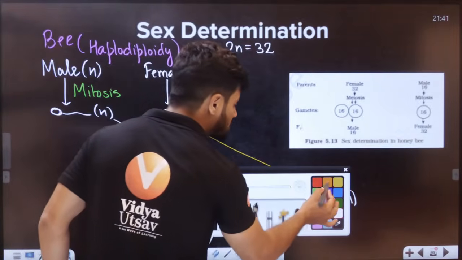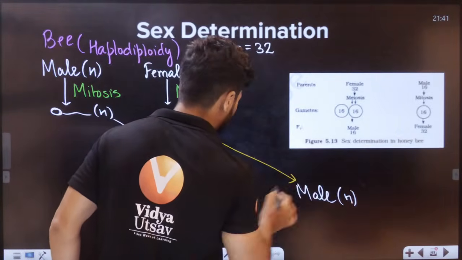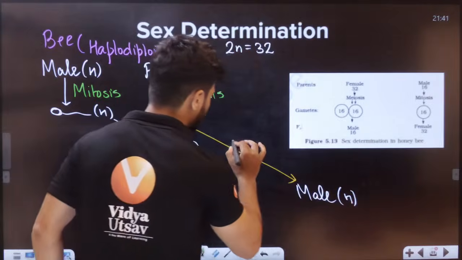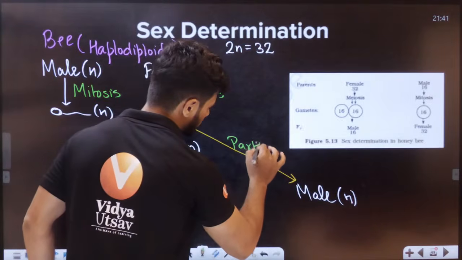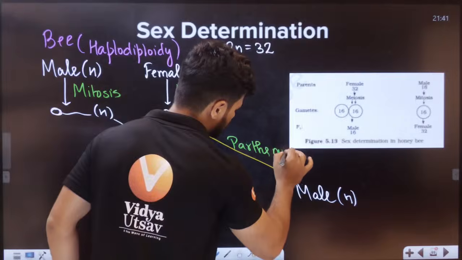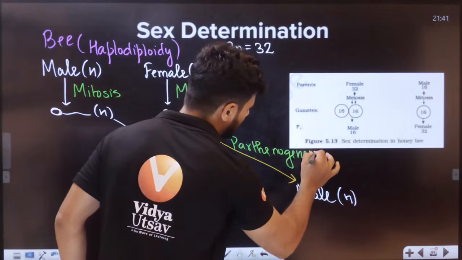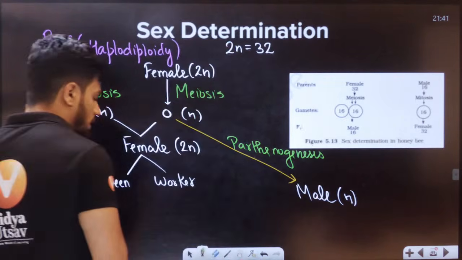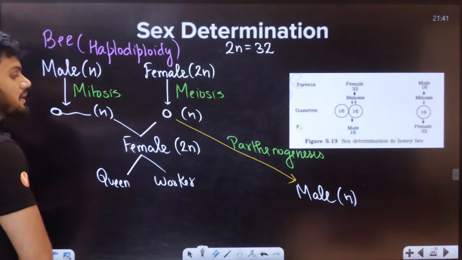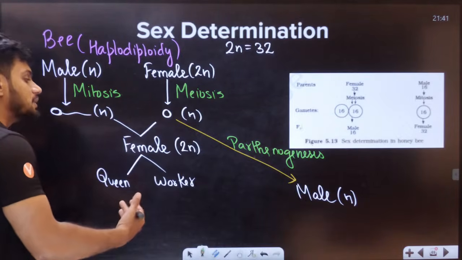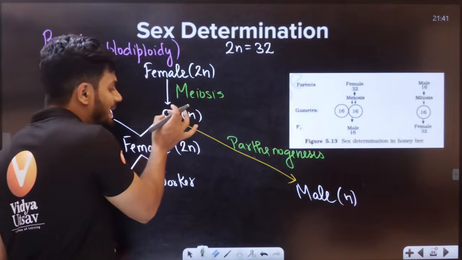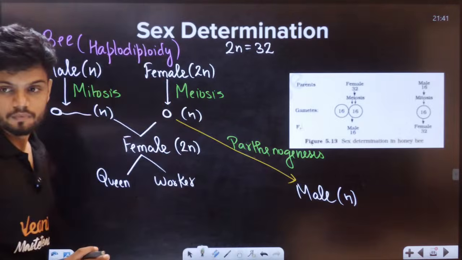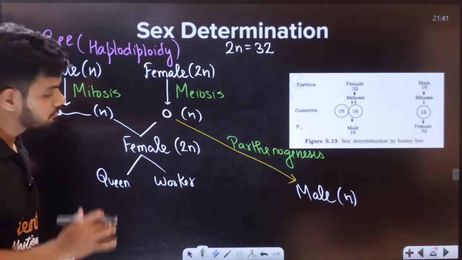And this is possible because of a process called, students, parthenogenesis. Because of parthenogenesis, this egg can directly develop into a male here. It can directly develop into the male right now.